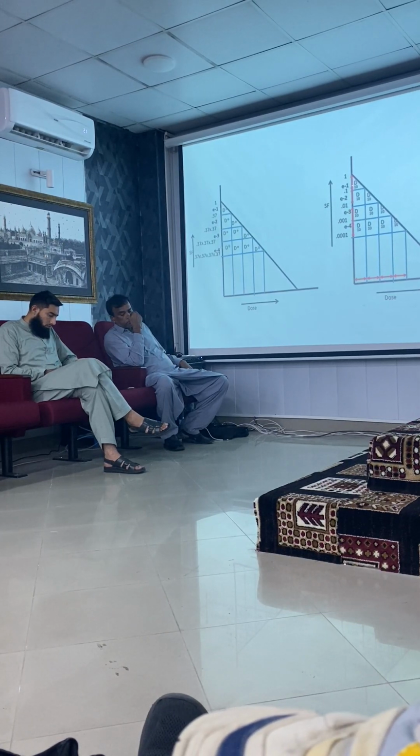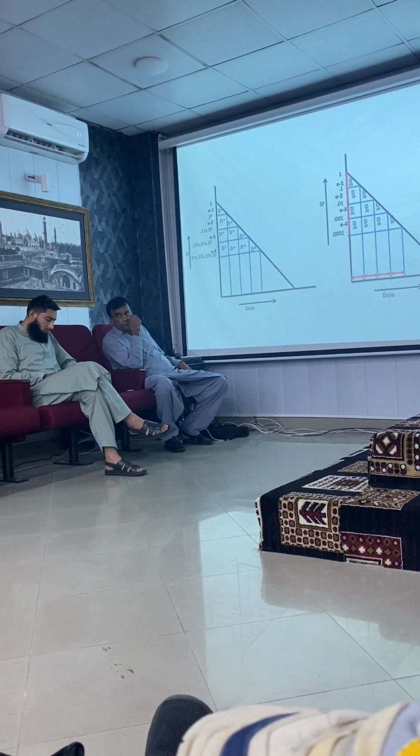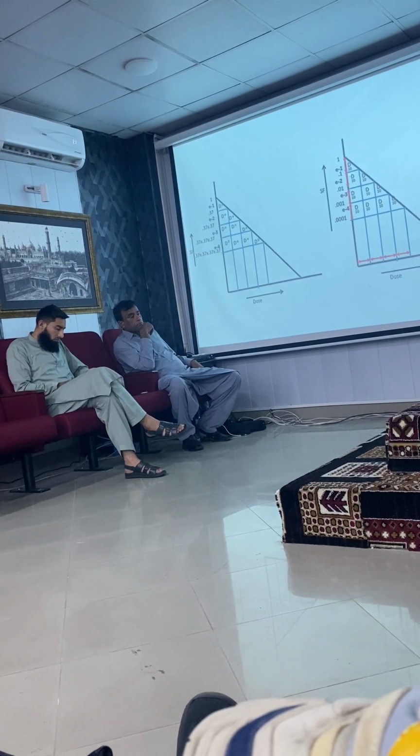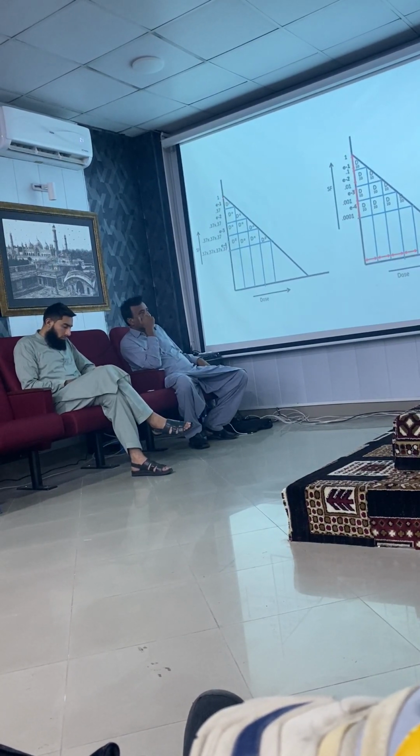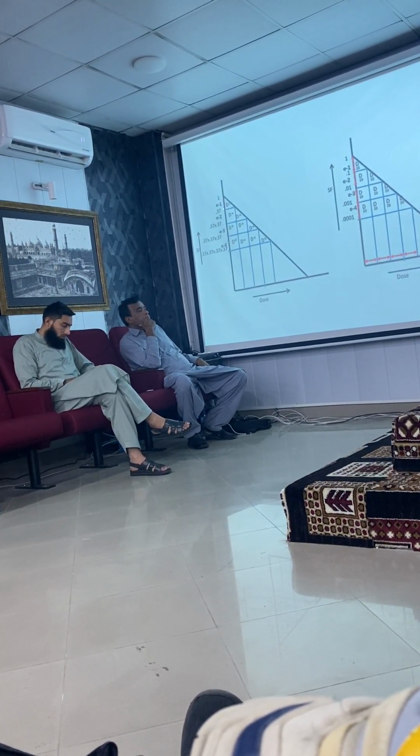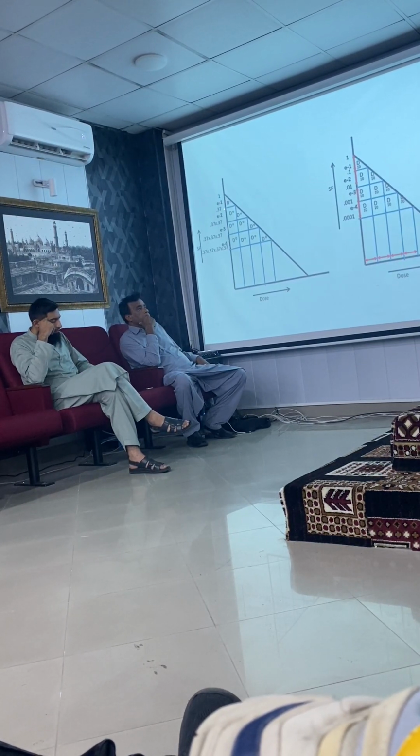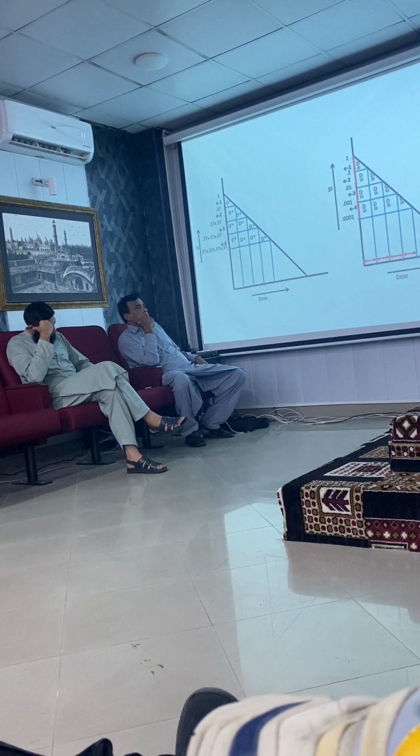So this is a graph comparing these two things. This is for D naught and this is for D10. You start off with the initial number of cells and then you multiply it with 0.37 with every successive dose, and this is the number of cells left. And this is the same for D10.